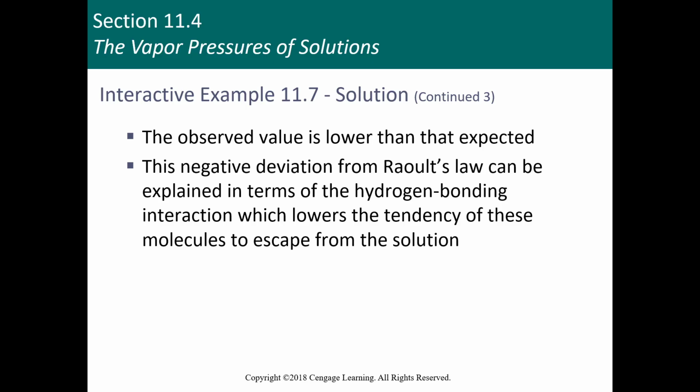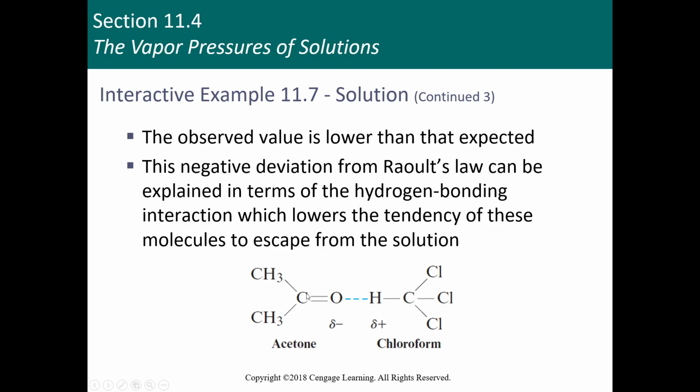From Raoult's law, this can be explained in terms of the hydrogen bonding interactions, which is going to lower the tendency of these two molecules to escape from solution. So what we see here is that chloroform and acetone, these are both polar.